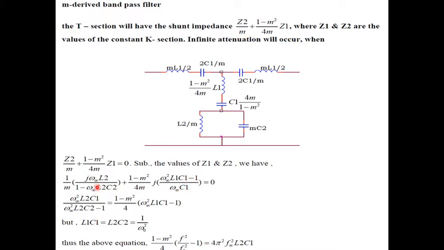This expression we obtained from the constant K filter. So in that case, the Z1 and Z2 values we directly substituted in the case of m.